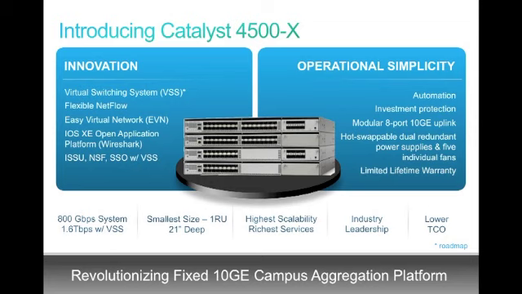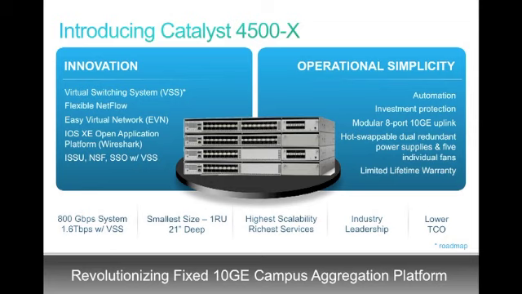Some of the redundancy features include ISSU, which is in-service software upgrade, non-stop forwarding, stateful switchover, and this is all available only when used in the VSS configuration. We also share some of the same operational simplicity as the Supervisor 7, including the full suite of automation. And the 4500X also offers investment protection with the availability of its modular uplink. Today, that's available to be populated with an 8-port 10 gig Ethernet uplink module.